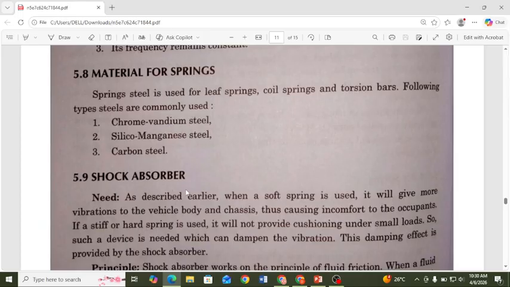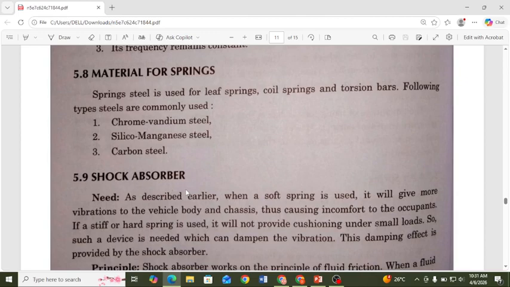The chromium vanadium steel has different physical, chemical, thermal, and mechanical properties to handle heavy load vehicles and remain durable for the long term in the suspension system.